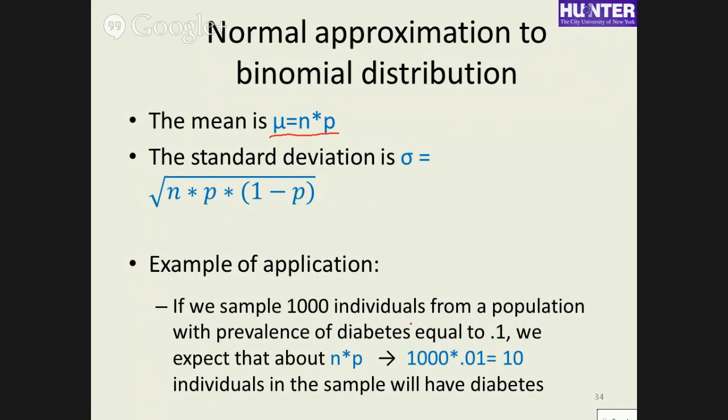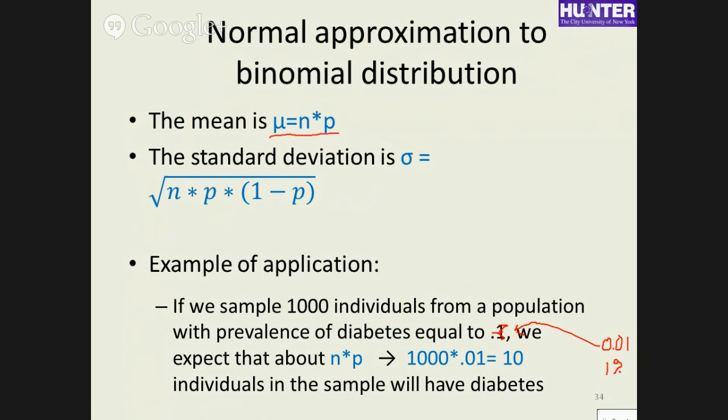So here the example is 1,000 people, prevalence of 0.1. So the mean here, 1,000 times 0.01, that's 10. Wait a minute. Sorry, this is a mistake here. This is a prevalence of 0.01 or 1%.